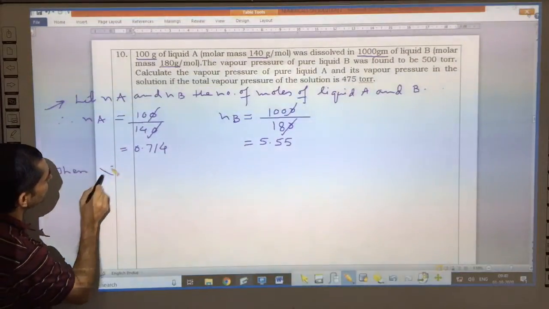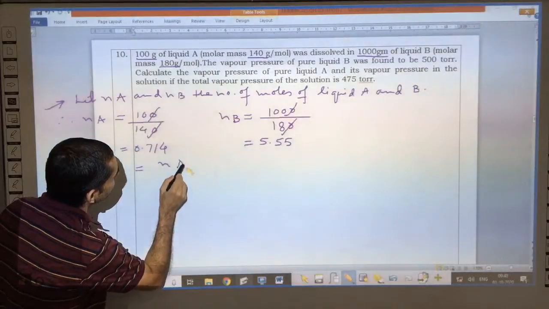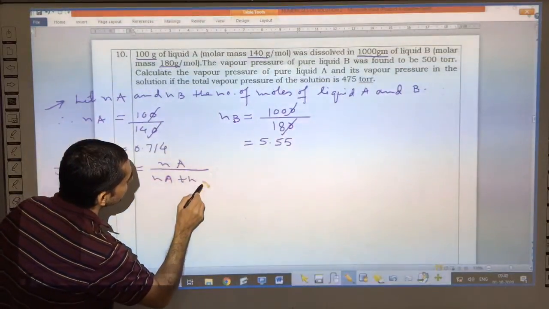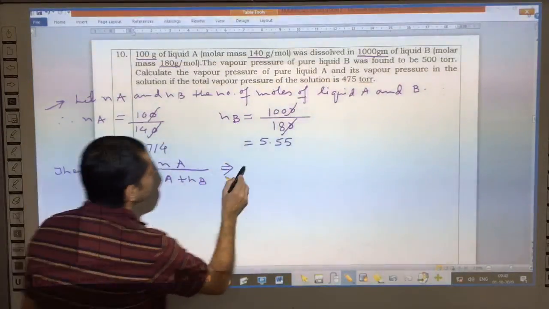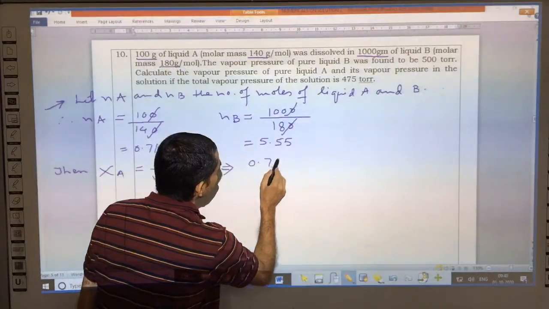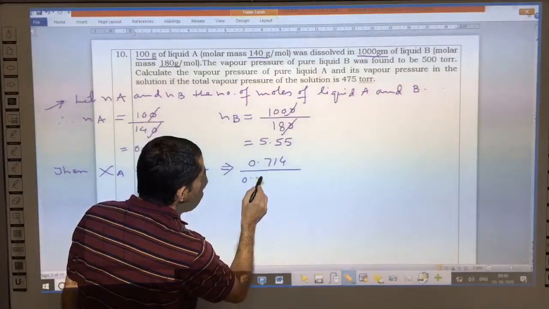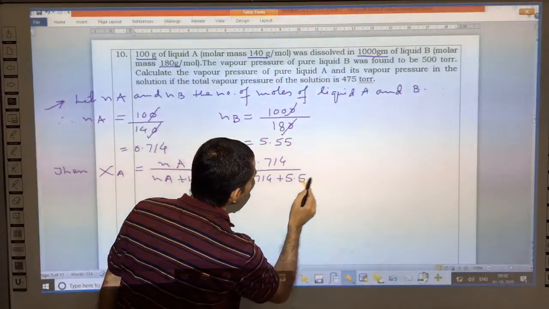Then let us calculate the mole fraction of both. Mole fraction XA of component A will be Na upon Na plus Nb. So it is 0.714 upon 0.714 plus 5.55.